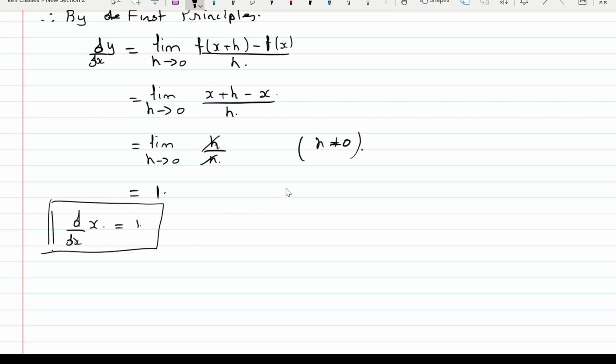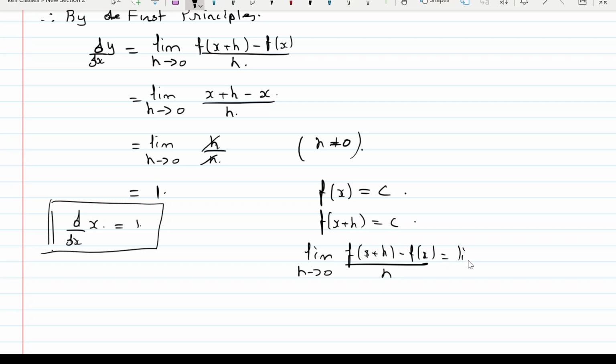Okay, we can find one more result immediately, and that is if f of x is a constant function c. Then in that case f of x plus h is also constant, and you will have limit as h tends to 0 of f of x plus h minus f of x upon h to be equal to limit as h tends to 0, and this will be c minus c upon h, which is equal to limit as h tends to 0 of 0, which is equal to 0.